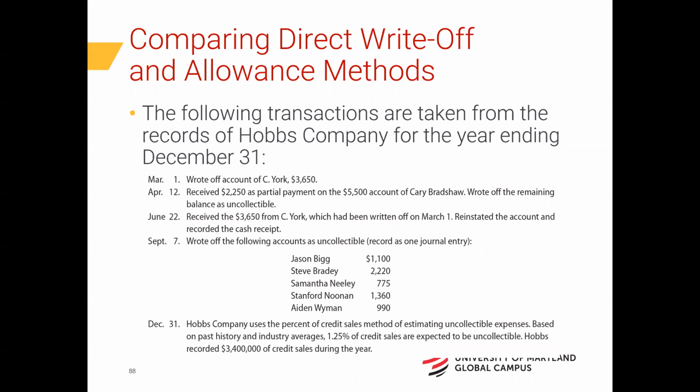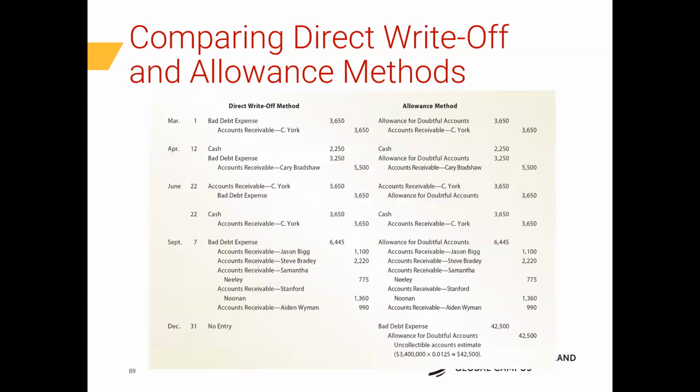And we expect that out of the $3.4 million in credit sales, we won't be able to collect 1.25% of that. So running the two methods side by side, we can see how they're similar and where they're different. And oftentimes where they're different is going to be in that adjusting entry made at the end.